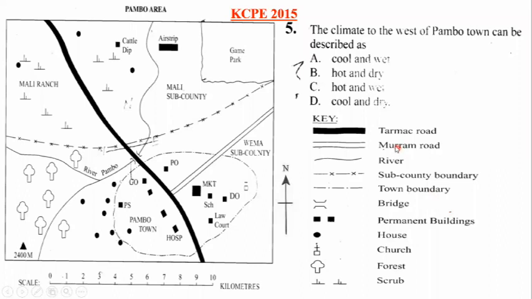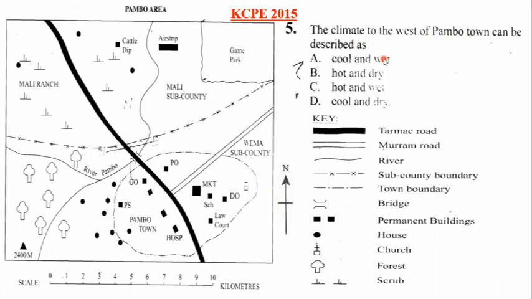Now, there are questions that were set in the previous years. Let's see these questions. 2015 KCPE, Pambo area. The question was number 5: the climate to the west of Pambo town can be described as. Now, we have our compass here. So this compass, north, south, east, west. They're asking the climate to the west of Pambo town can be described as.